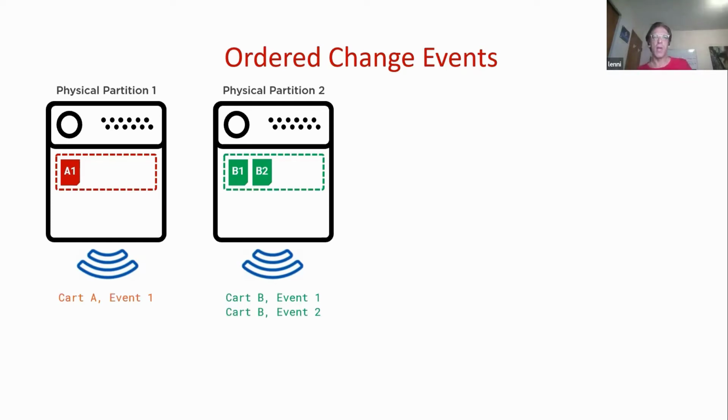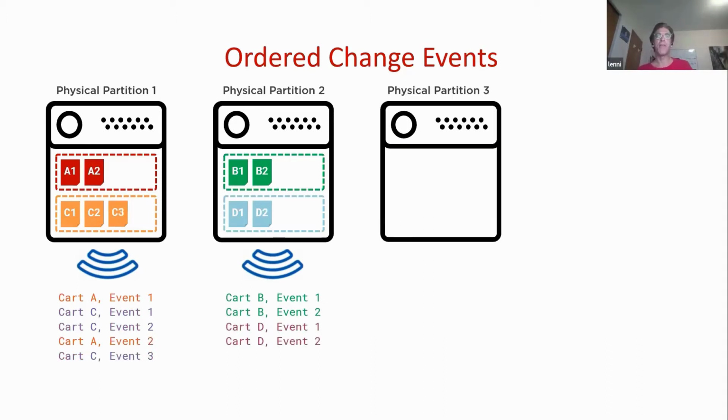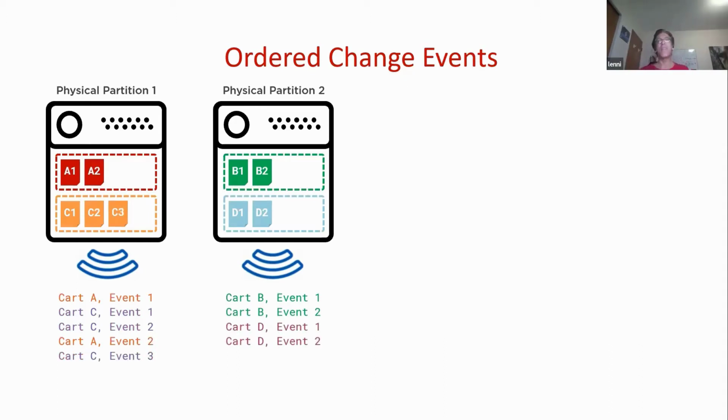So even if user B adds their new item before user A and so on, and this fills out this way, you'll see that within each physical partition, the events are stored in the order of logical partition. So that's why this is really critical to understand. When you're picking your partition key, you are also determining the order of events. And it doesn't matter that carts A and C are interleaved and that carts B and D are interleaved.